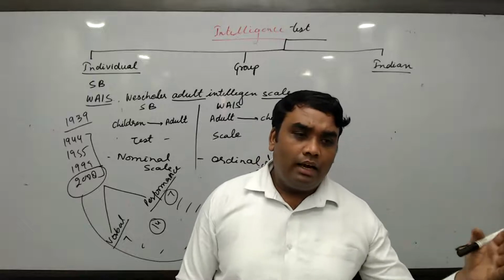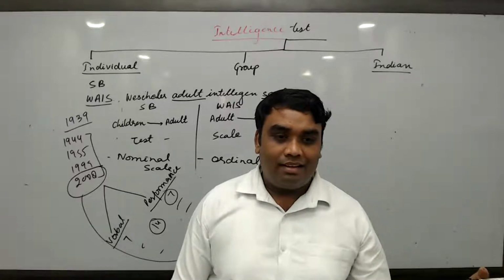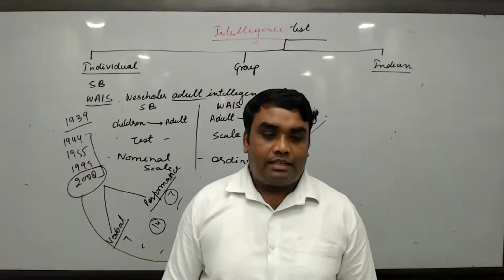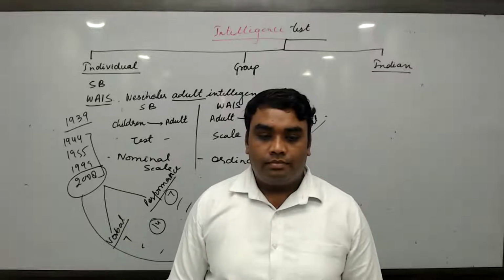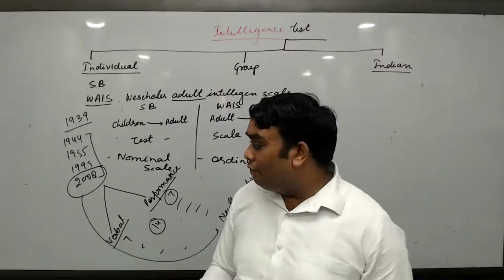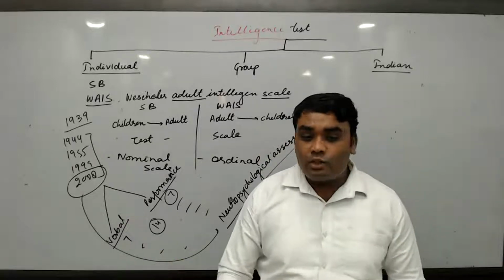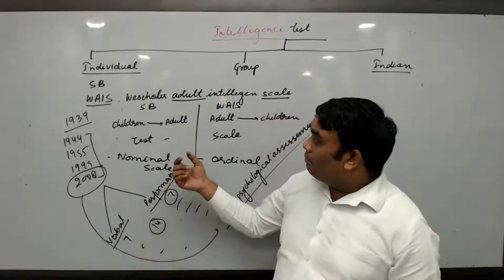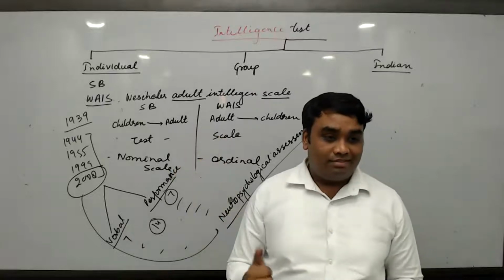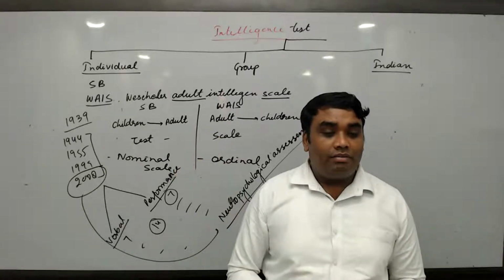SB is applied in different contexts. Like, if someone checks my intelligence with the help of the Wechsler test, what will it reflect?